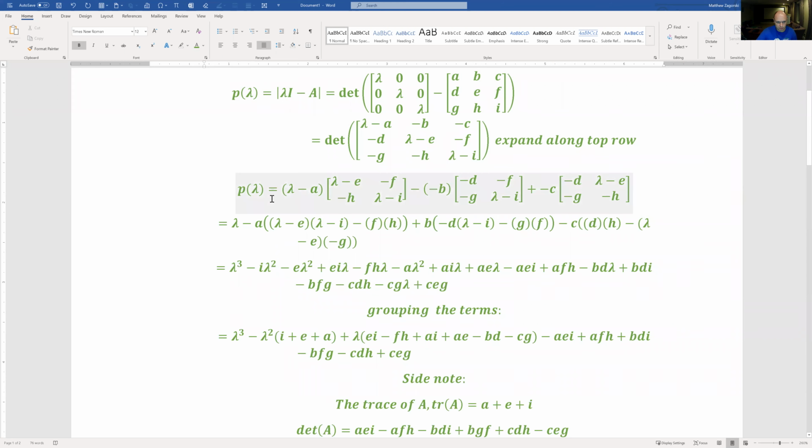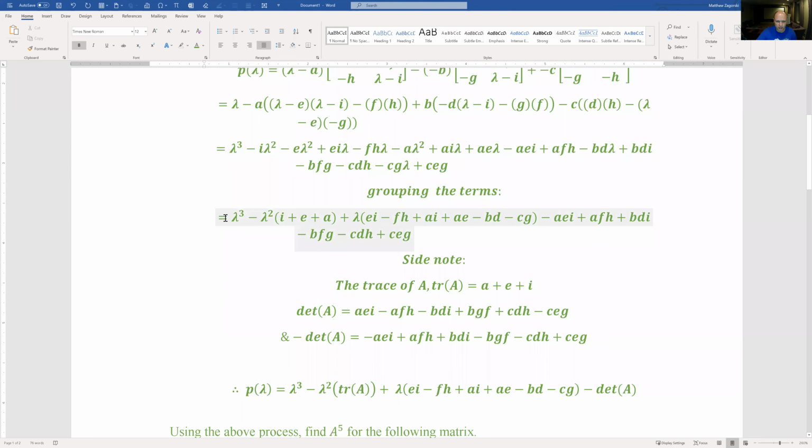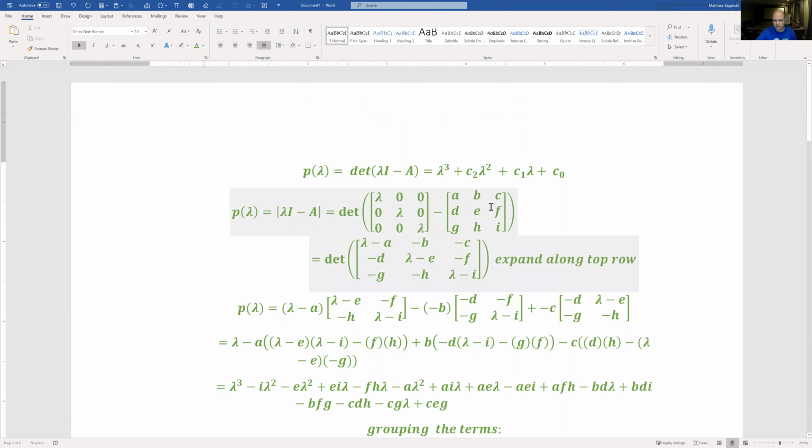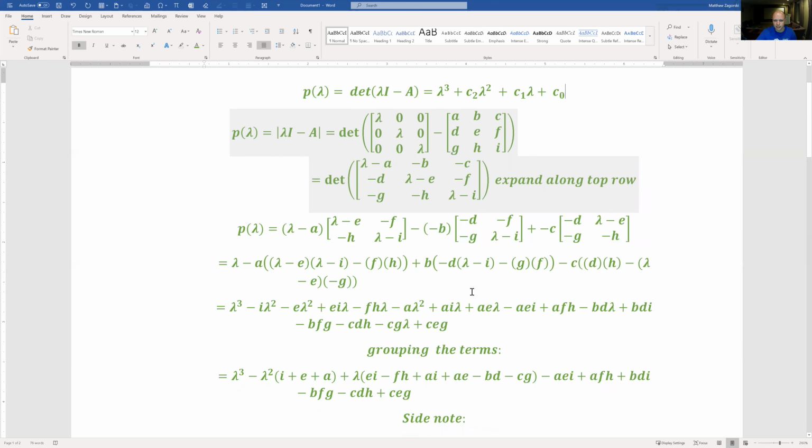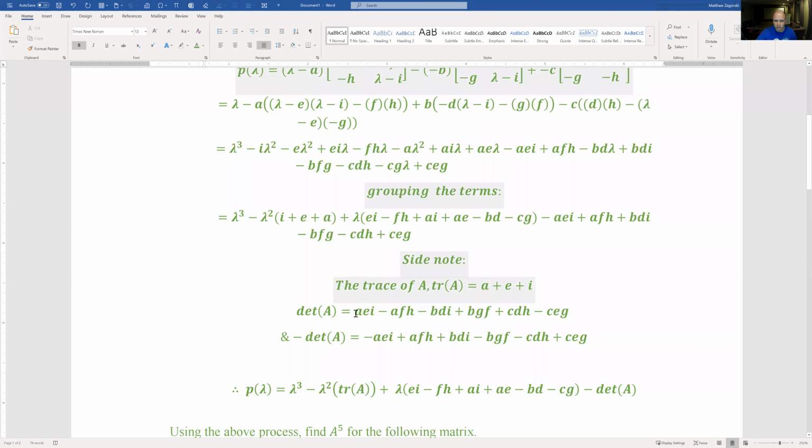Distributing all the terms and grouping it all together leaves us with this equation right here. As a side note, the trace of this matrix A is going to be A, E, I. And taking the determinant of this matrix A is going to equate to this right here.